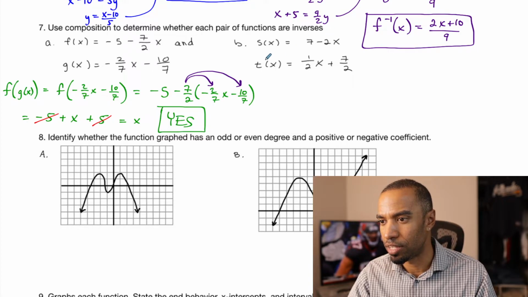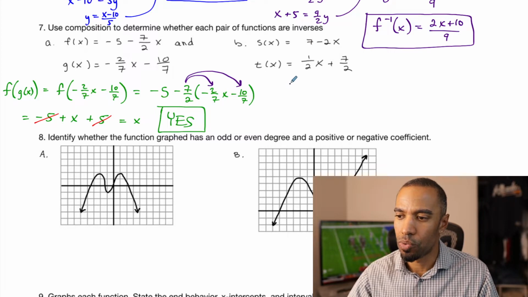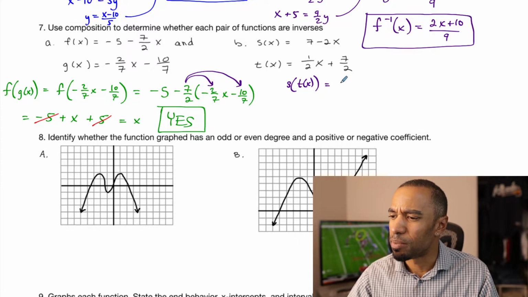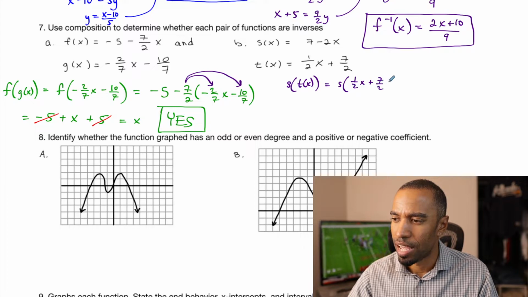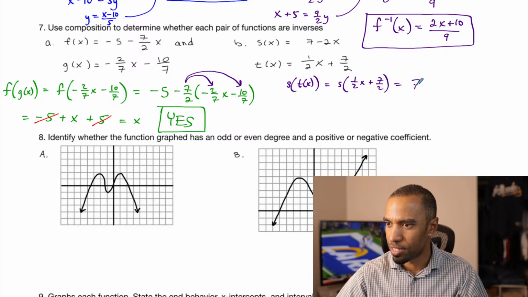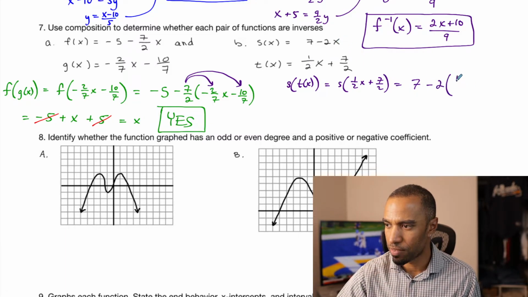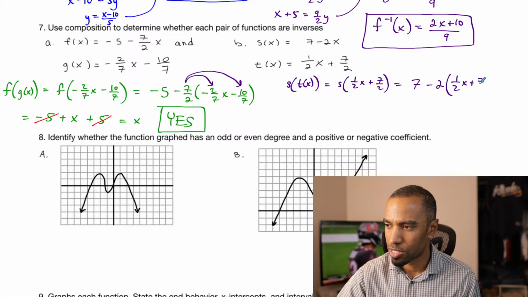So let's do s of t of x, because I want to distribute that negative 2 into it. That's going to be s of 1/2 x plus 7 halves. So 1/2 x plus 7 halves will take x's place here. So that'll be 7 minus 2 times, instead of x, 1/2 x plus 7 halves.